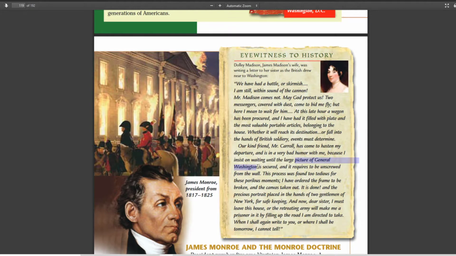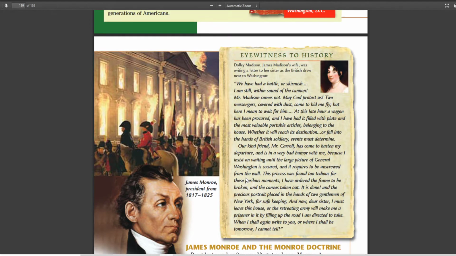She makes sure that they get everything out of the White House and leave nothing to the British, and saves a lot of important historical American heirlooms. So, in her own way, she didn't go and fight the British, but she preserved a lot of American history, and she should definitely be recognized as one of our greatest first ladies for doing that.